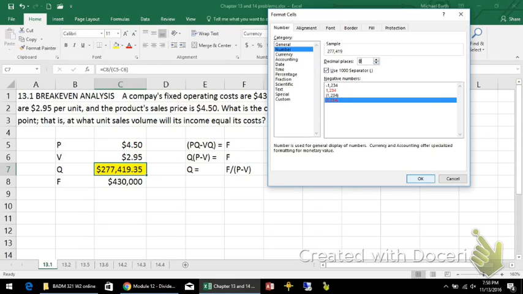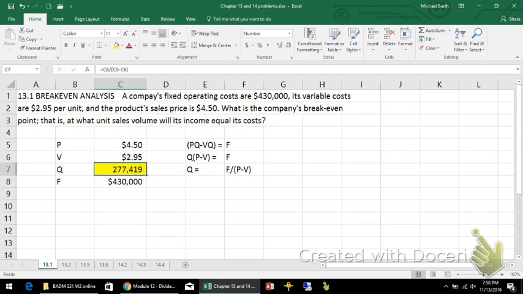And that's not in dollars, it's in number of units. The number of units I need to sell to break even.